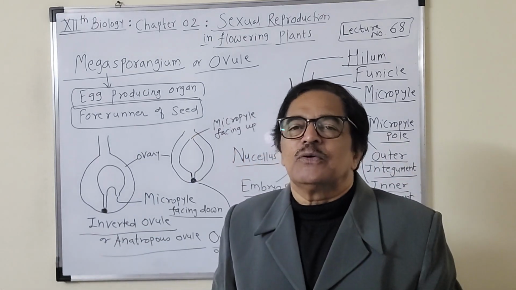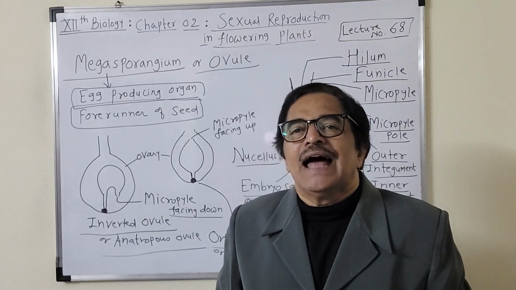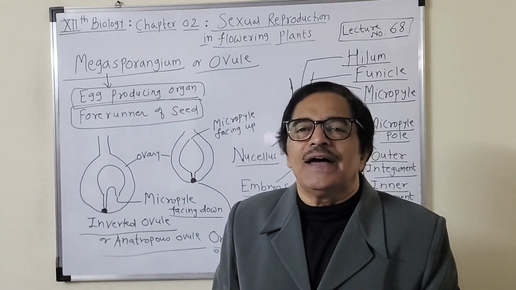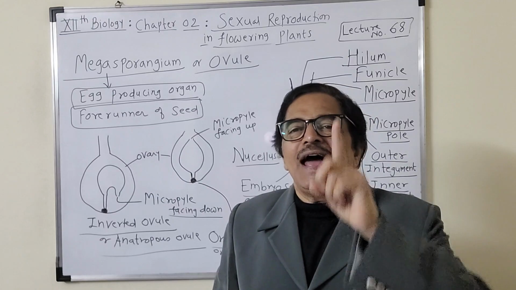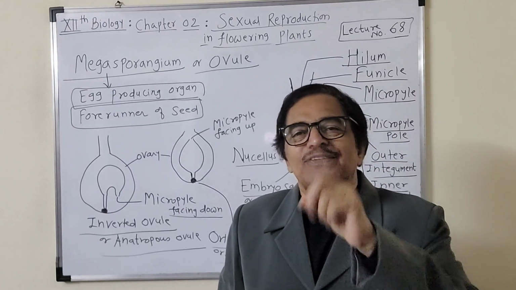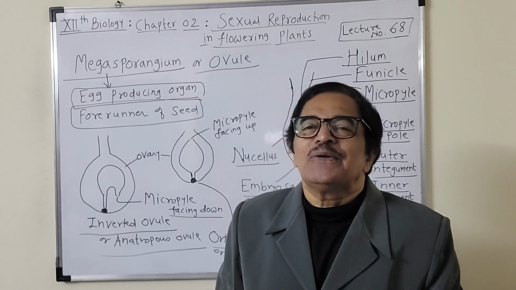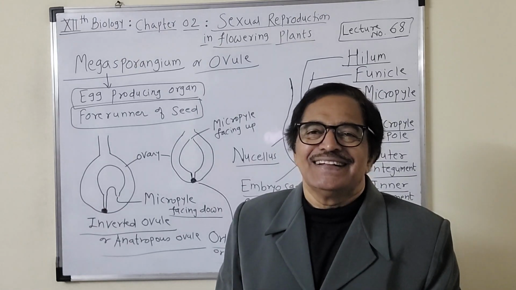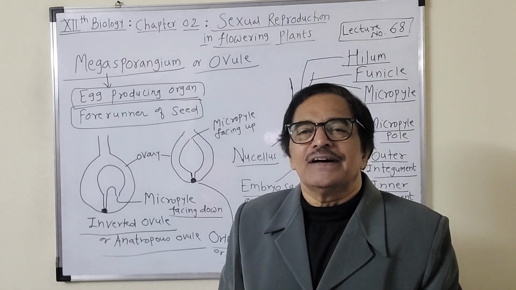They are called inverted ovule or anatropous ovule. And the other is orthotropous, where the funicle and the micropyle are in a straight line. उसे straight ovule भी कहा जा सकता है. I think you are getting the point clear.